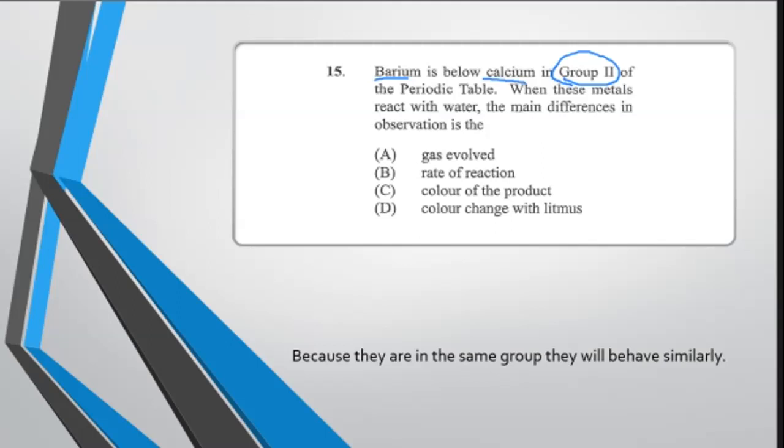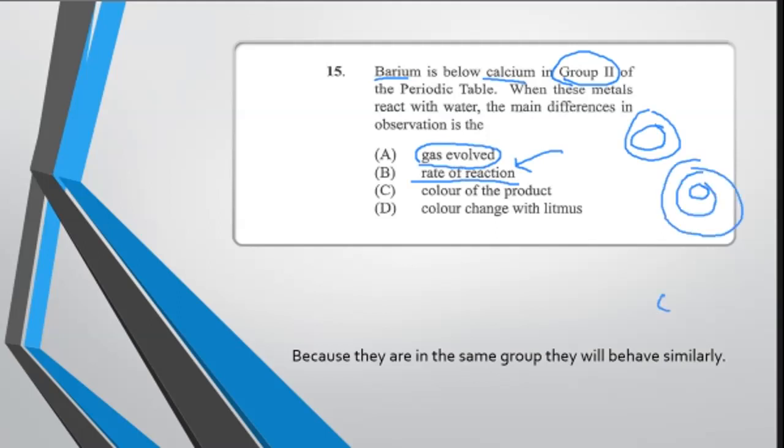So the gas evolved would be similar, so it wouldn't be the gas evolved. The rate of the reaction: when we go down the group, the number of shells increases. So the distance of the outermost electron from the nucleus is getting further and further away as you go down the group, right?